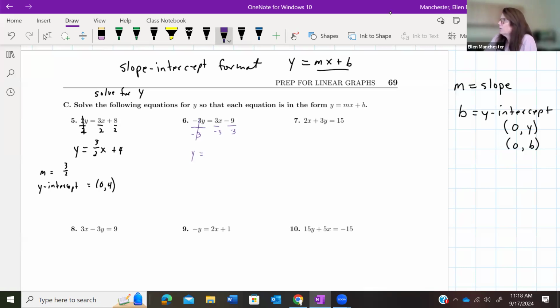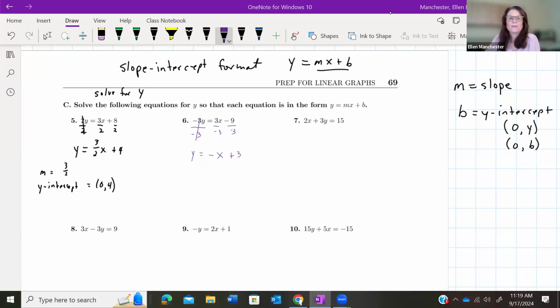Okay, so you're getting rid of the negative 3 by dividing. Remember, you're dividing every single term by negative 3. So what's 3x divided by negative 3? Good, negative x. And then negative 9 divided by negative 3? Plus 3, good.